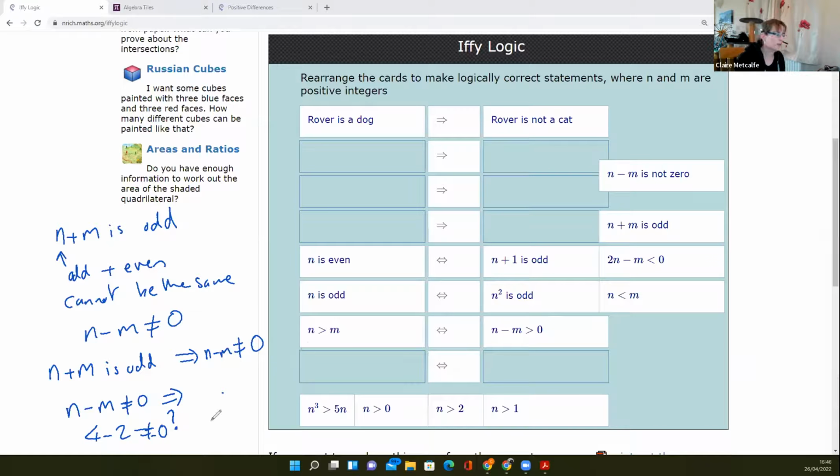So 4 plus 2 is even. So we can deduce from that n minus m is not equal to 0 does not imply that m plus n is odd, because we've got a counterexample. We've got somebody who's also shown that if you've got a difference of two odd numbers, I assume with n not equal to m, then you get an even number. So that's a nice general case.